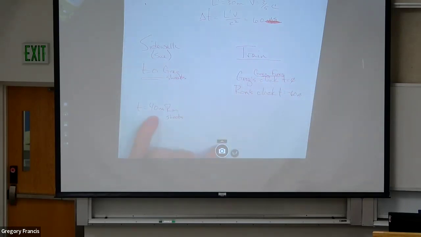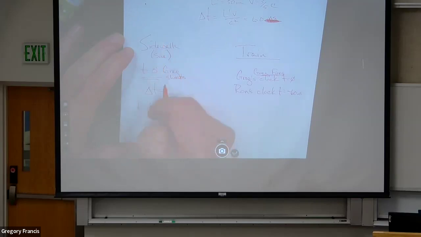Now, if we look 40 nanoseconds later in the sidewalk frame, well, the moving clocks are running slow. And so if the time difference between these two events in the sidewalk frame is 40 nanoseconds, the time difference here is going to be 40 nanoseconds times that relativity factor.